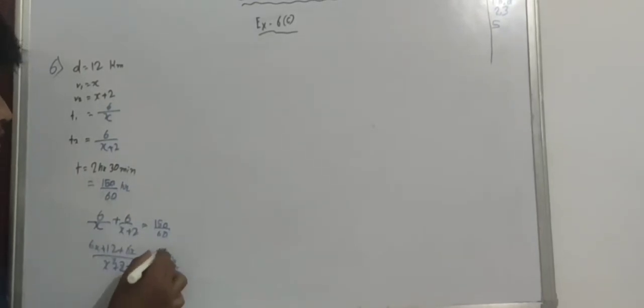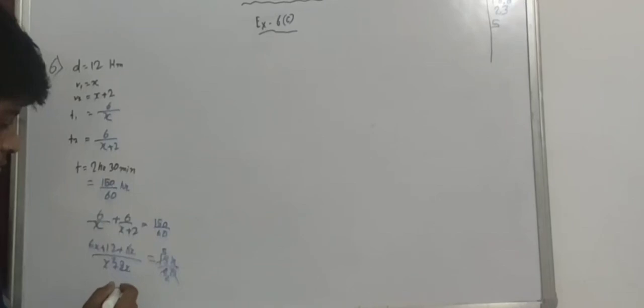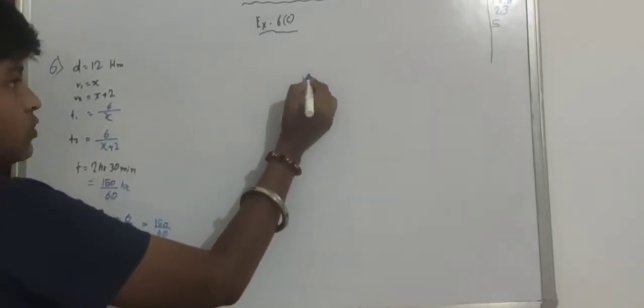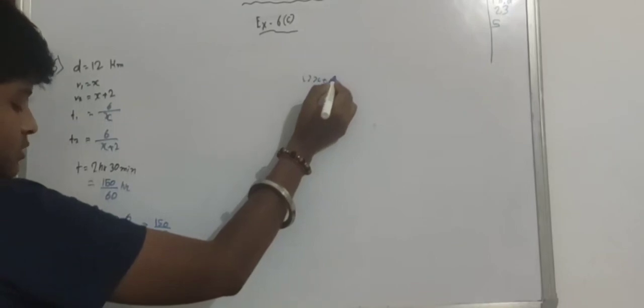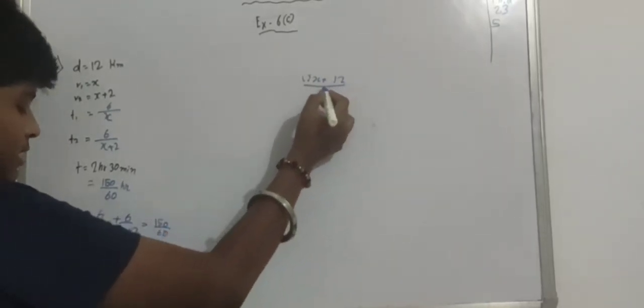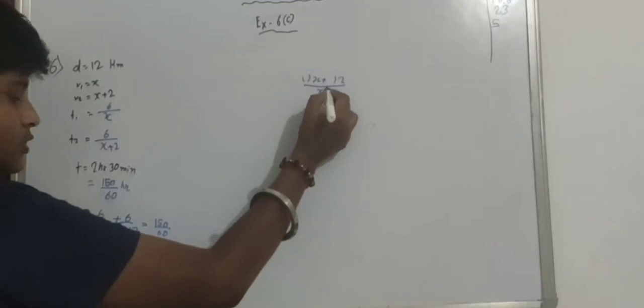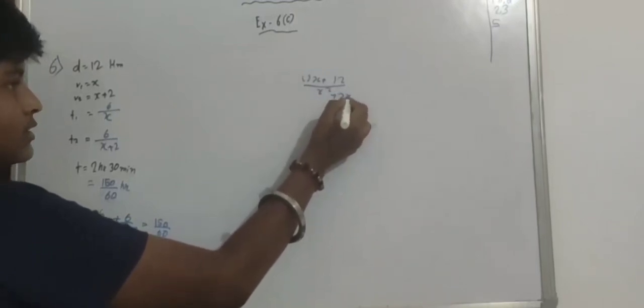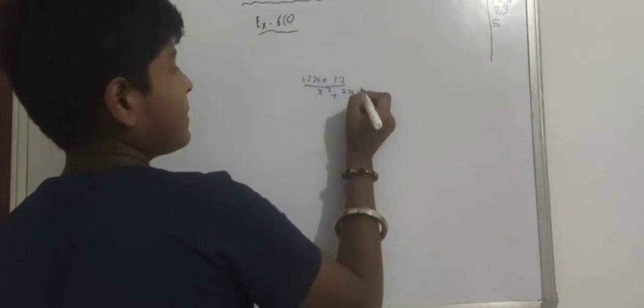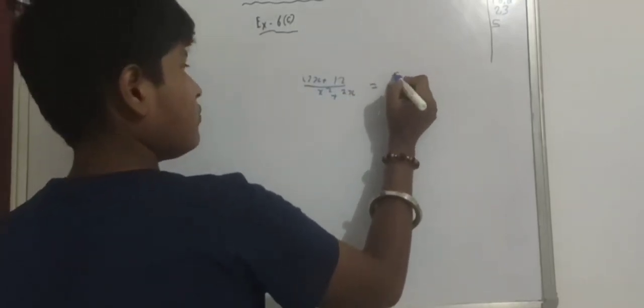Cancelled, 3 fives and 3 twos. Now here we have 12x plus 12, 6 plus 6 is 12x divided by x square plus 2x is equal to 5 by 2.